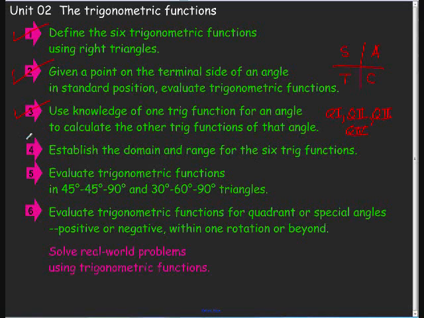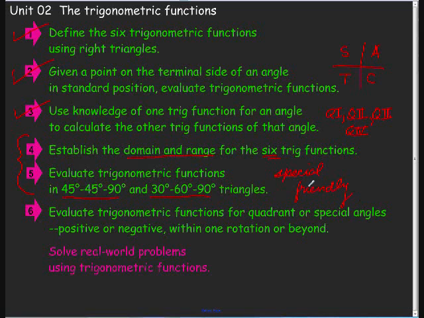Today we're going to work with both of these. Establishing the domain and range for all 6 of the trig functions. And we're going to be looking at these very famous, or as Stu Schwartz refers to them, special triangles, or sometimes he calls them the friendly triangles.